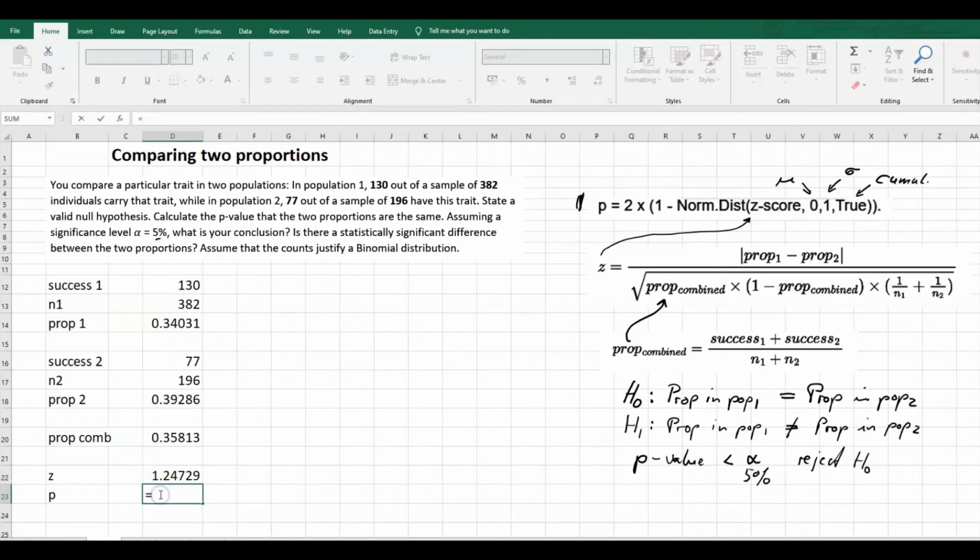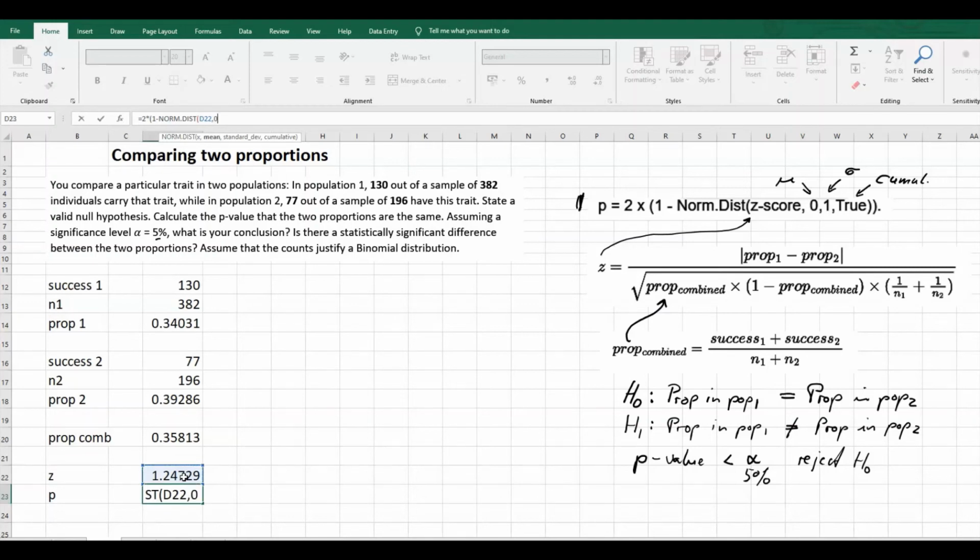So we've got equals 2 times, open the bracket, 1 minus norm dist, that's this function here, and we include the z-score, that's the first argument, that is what we just calculated.